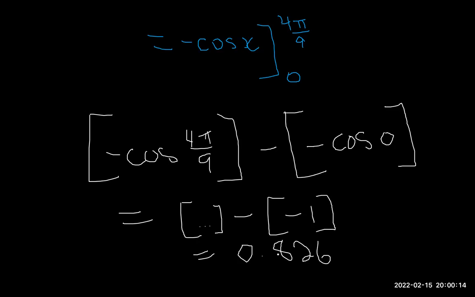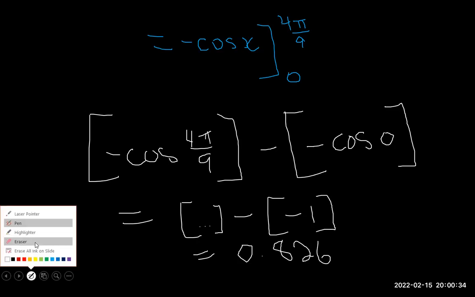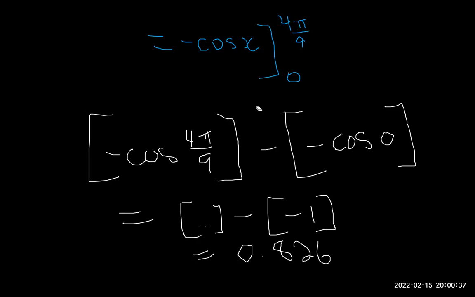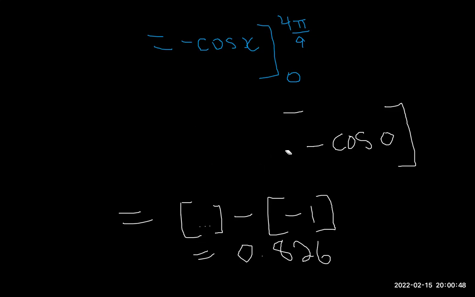That's why it's really important for you to read the instructions, because if the invigilator does not read the instructions for you, and you go and put your answer to 4 significant figures, you lose a mark just because you didn't follow the instructions. I think invigilators are supposed to read it, but I never had anyone really read it to me. So if they say 3 significant figures and you put 4 or 5, if there was a mark allocated to that, you're going to lose the mark because you didn't follow the instructions.